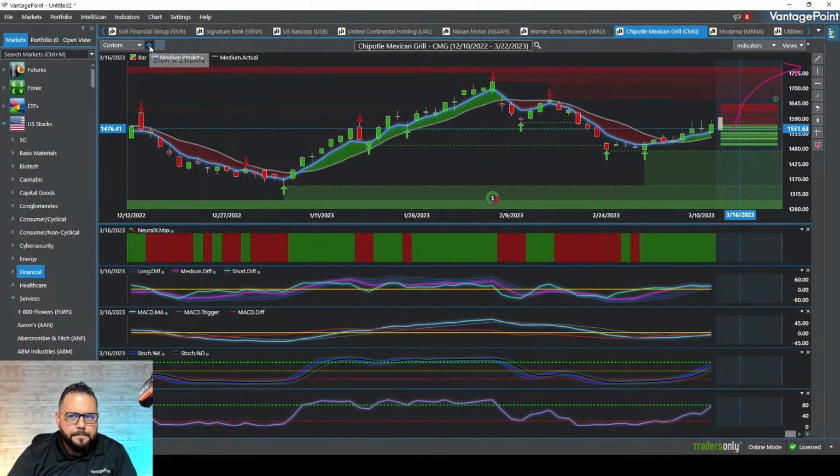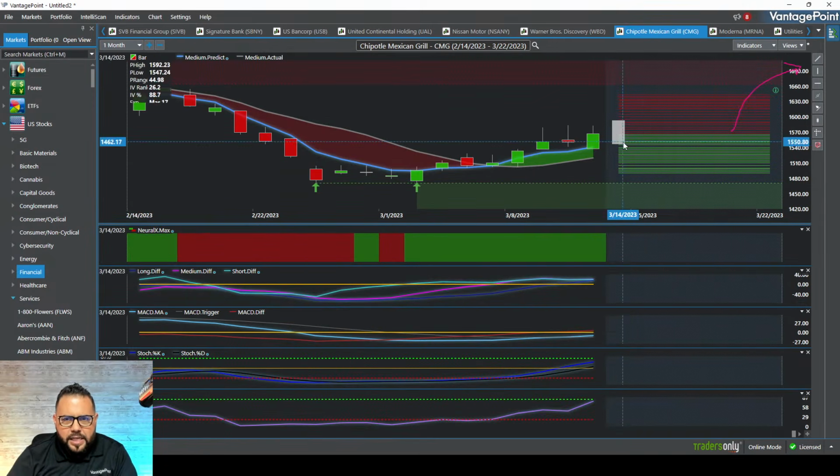Look, let me show you. It's in this gray bar. Here's the predicted high and predicted low. 1550 is right there. It's touching the gray bar. So I know from the strategy that I apply to VantagePoint that is a good strike if I was looking at buying this off of last night's information, right? Because this updates at 6:30 p.m. Eastern time. Now the price of Chipotle is way past 1550 today. It's like 1580.